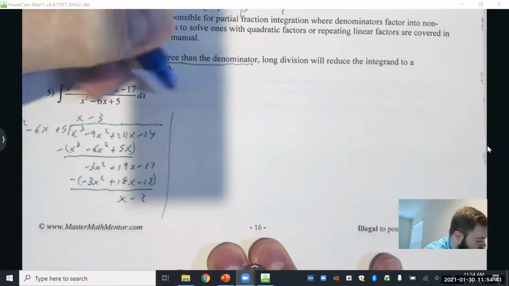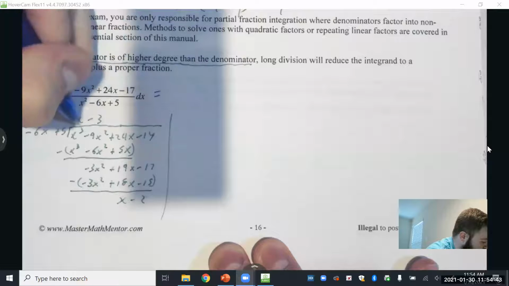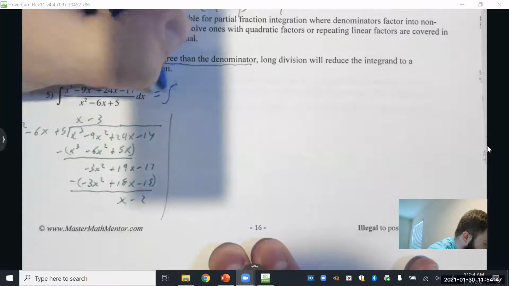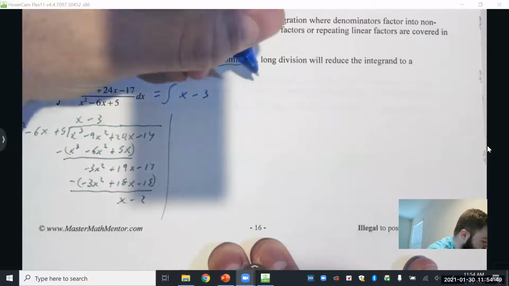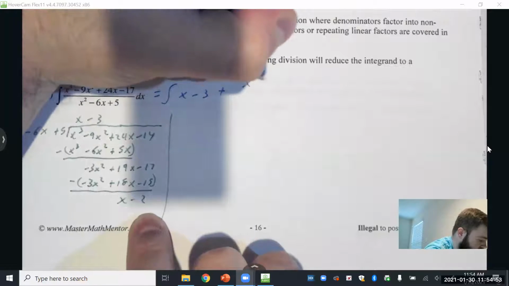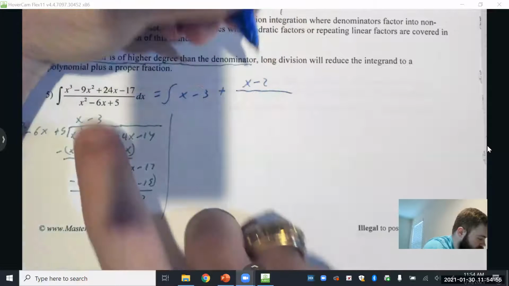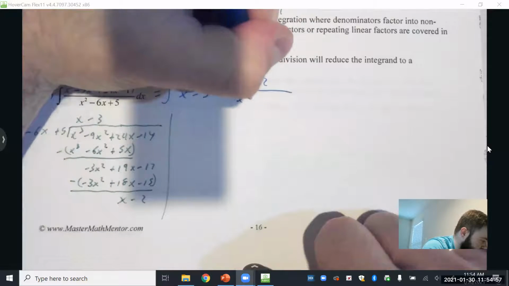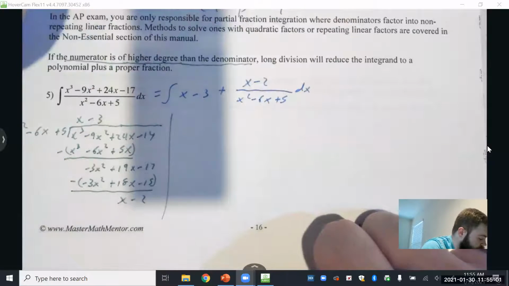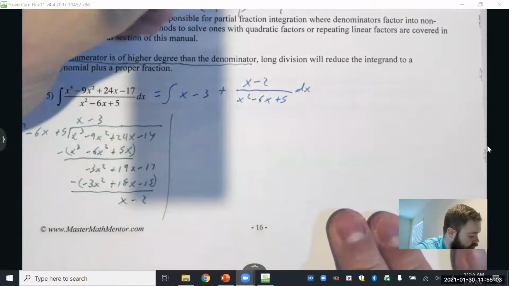So that means this ends up equaling the answer at the top, x minus 3, plus the remainder x minus 2 over the denominator x squared minus 6x plus 5.